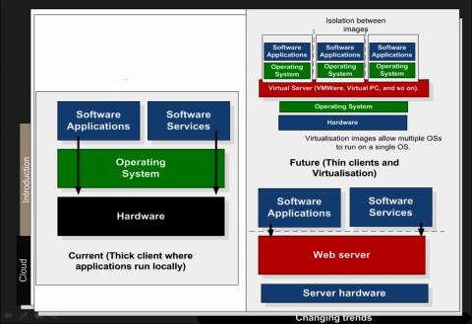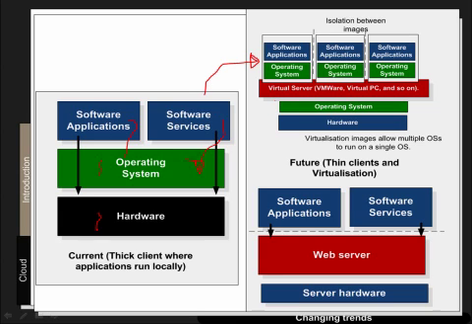So generally we're moving away from what's called a thick client. With a thick client we have our hardware, we install an operating system on it, and then we run software applications and services on the operating system. The move is now towards using virtualization.